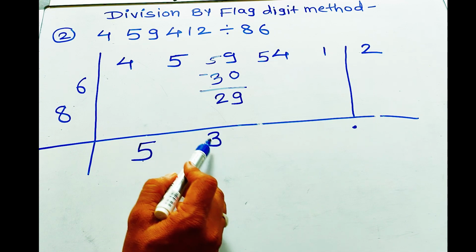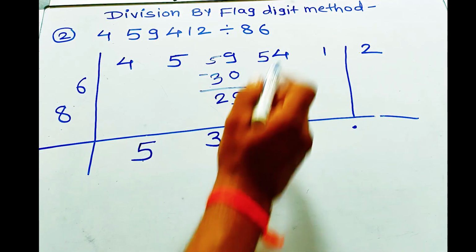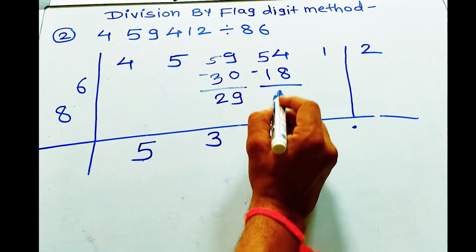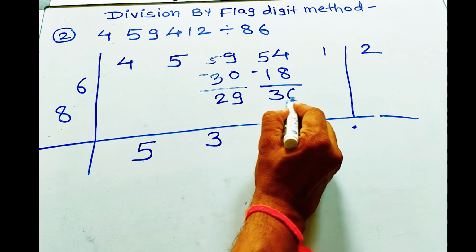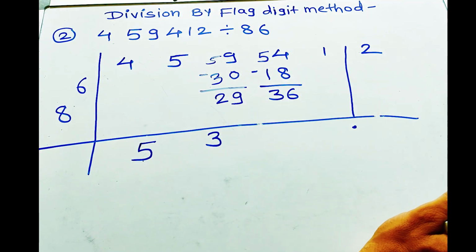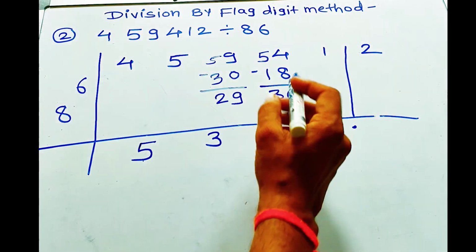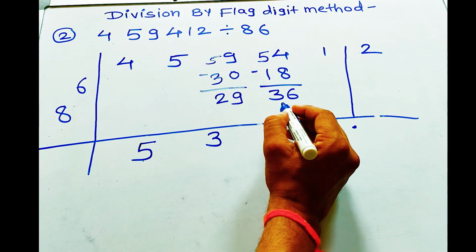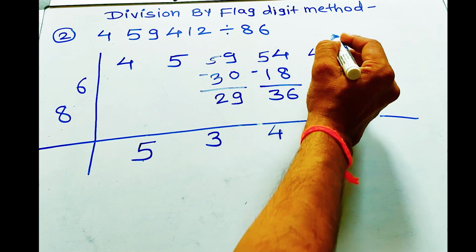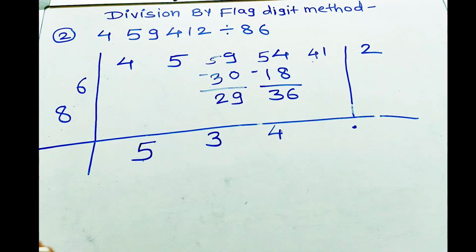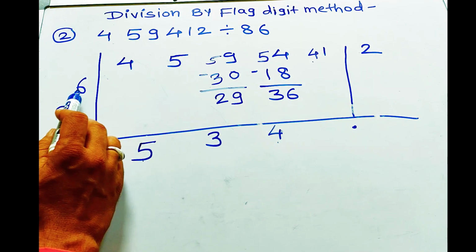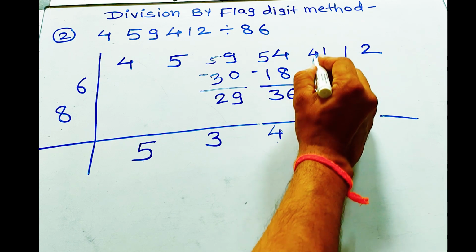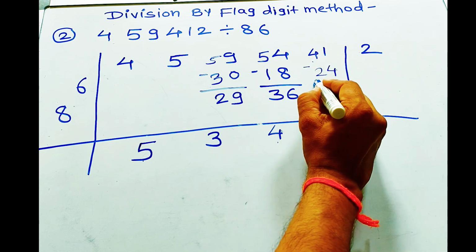Then multiply 3 with 6, 3 6s are 18. So 54 minus 18 is 36. Again 36 is divided by 8, 8 4s are 32. 36 minus 32 is 4, so carry 4 here, 4 1, 41. Again 4 multiplied with 6, 4 6s are 24, write below 41. 41 minus 24 is 17.